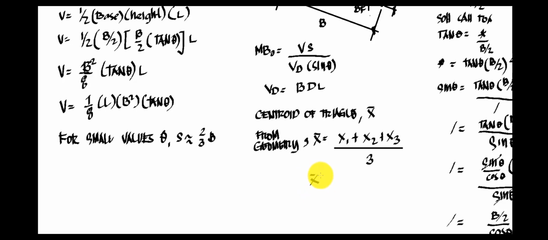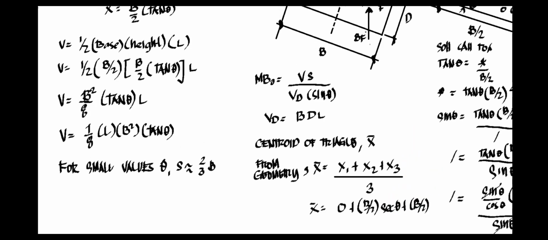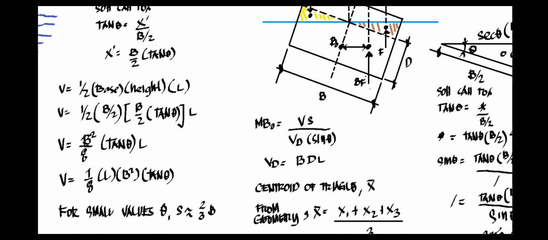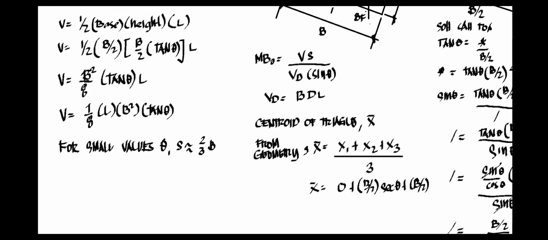Where our x bar is equal to x1, that will be 0 for the perimeter, plus B over 2 multiplied by secant of theta, plus B over 2 multiplied by the cosine of theta, referring to the figure here. Then it is being divided again by 3, substituting the values we have.